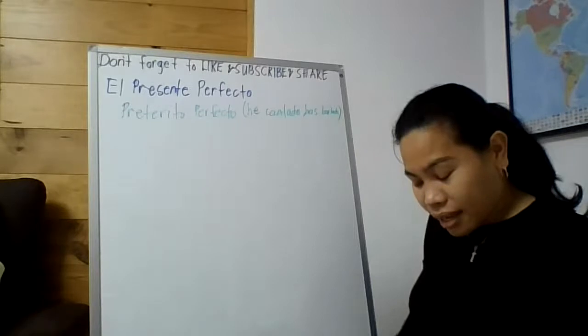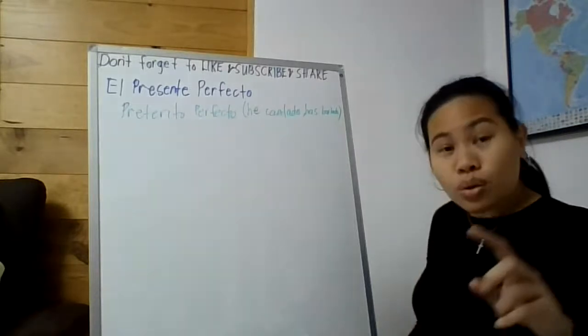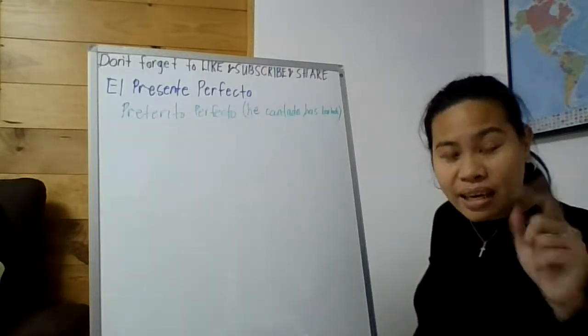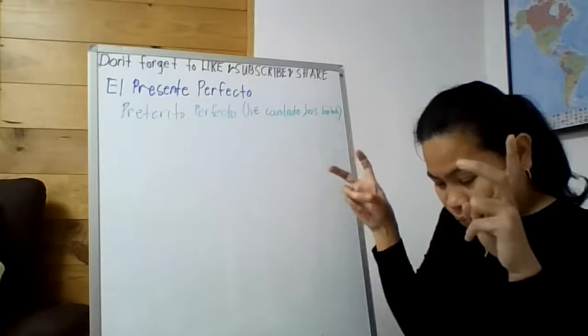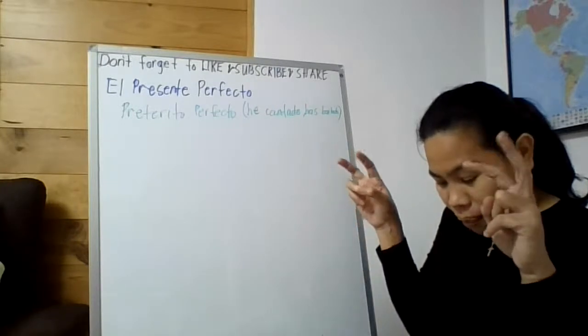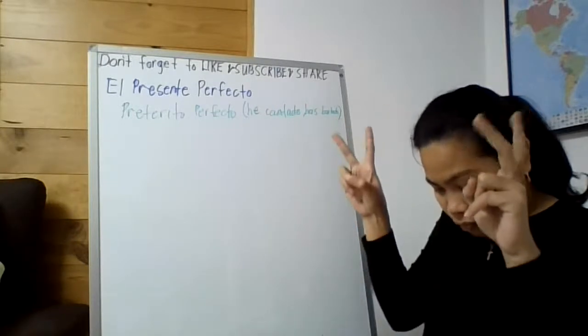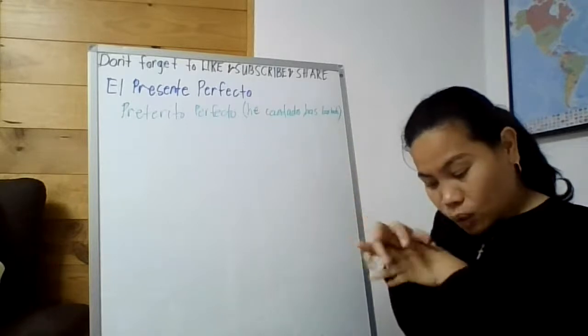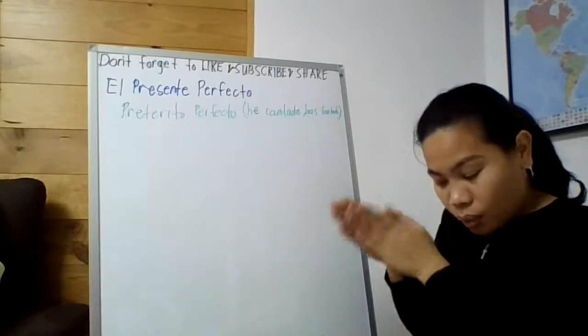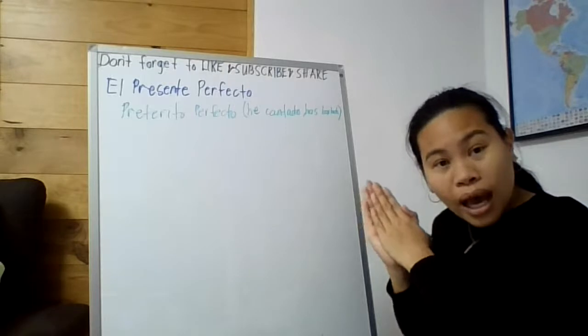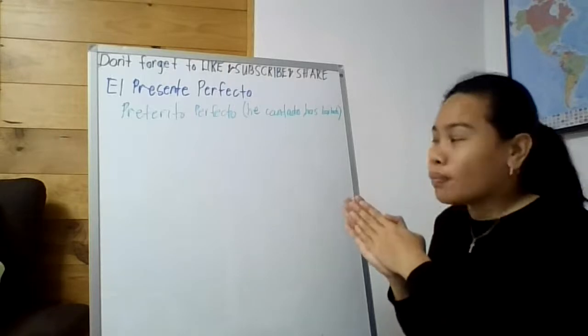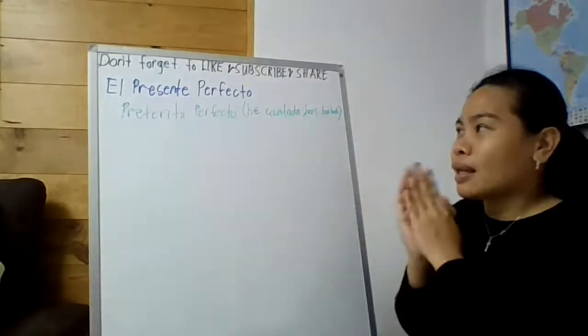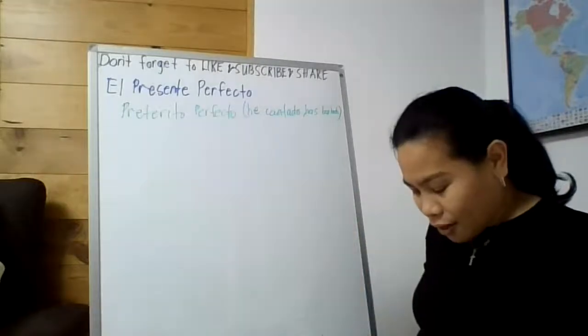Okay? And then we are going to use the auxiliary verb to have. Vale? El verbo haber, to have. And then we are going to add the second verb so that we can create el presente perfecto.